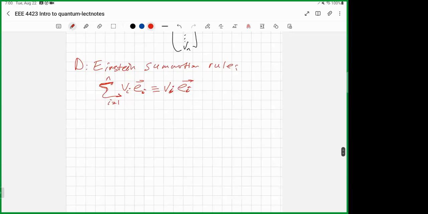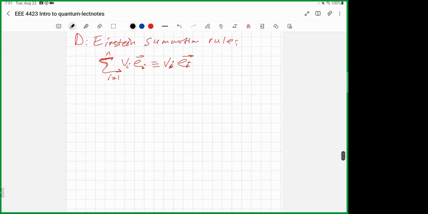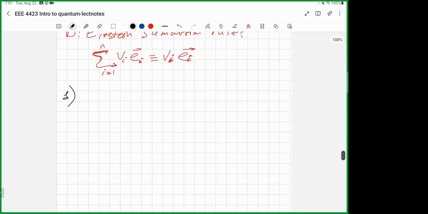So it's 7 already. Let me start talking about the products, the operations that we can do with vectors in a vector space. After multiplication by a scalar, we can introduce the inner product.